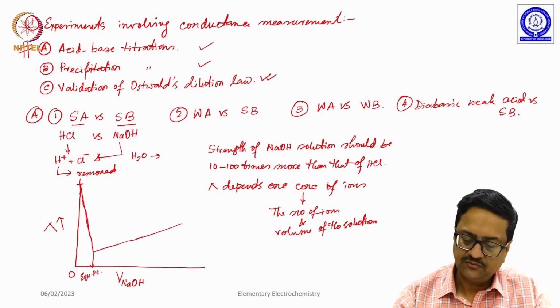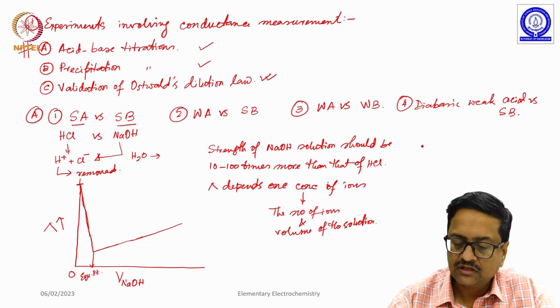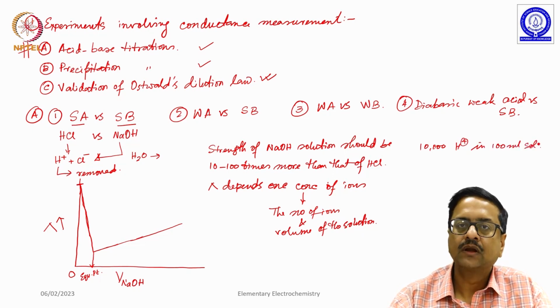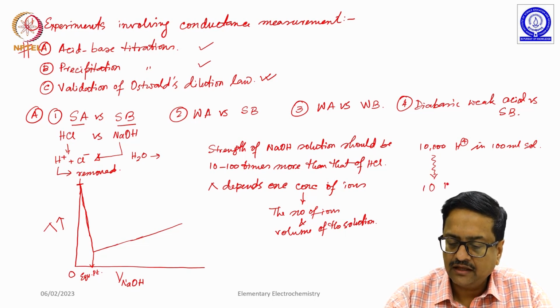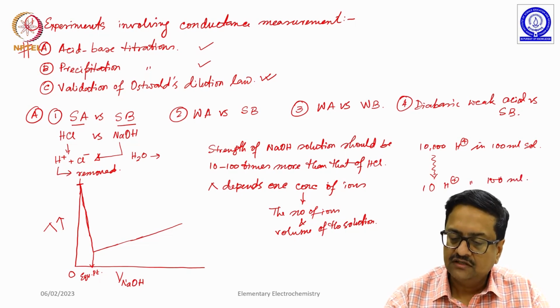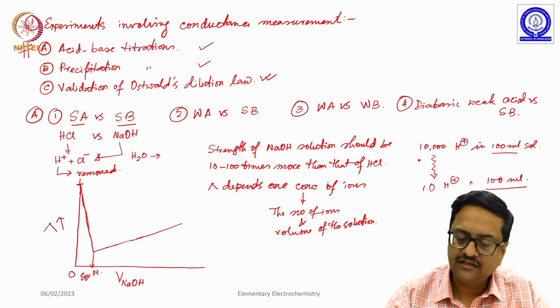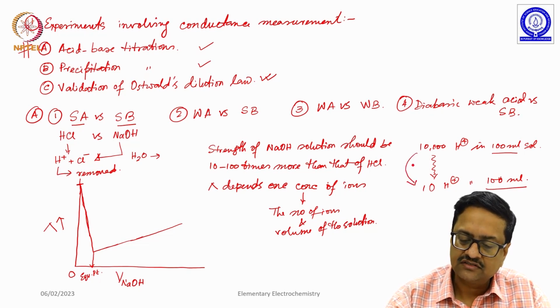So if I suppose have at the beginning, say for example, 10,000 H+ ions in 100 ml solution, during this neutralization to a value of 10 H+ ions in 100 ml solution, I am fine because the volume does not change, so I can easily calculate the change in concentration.